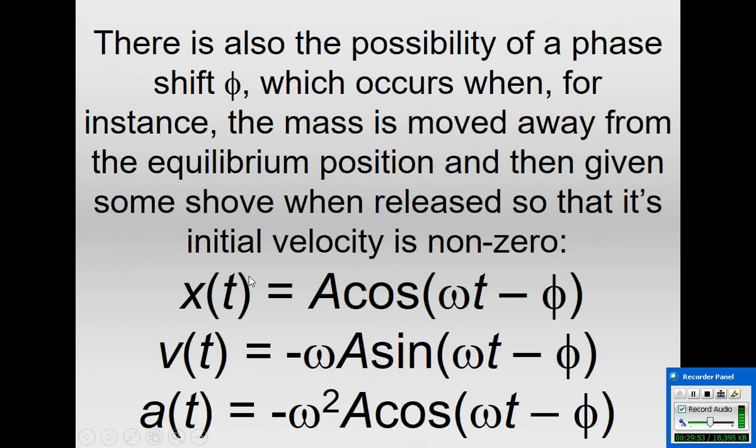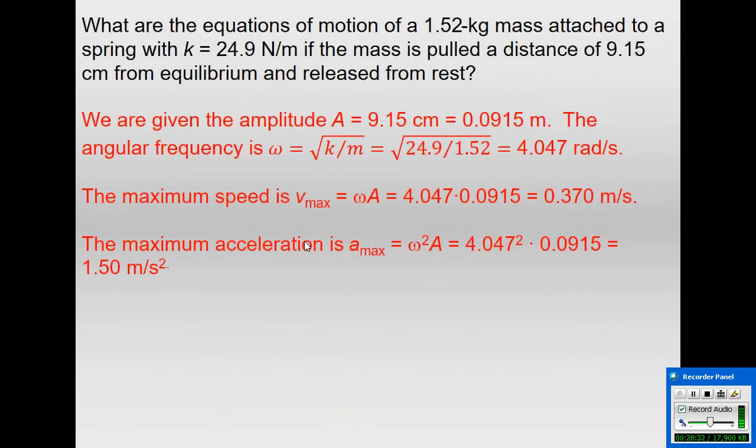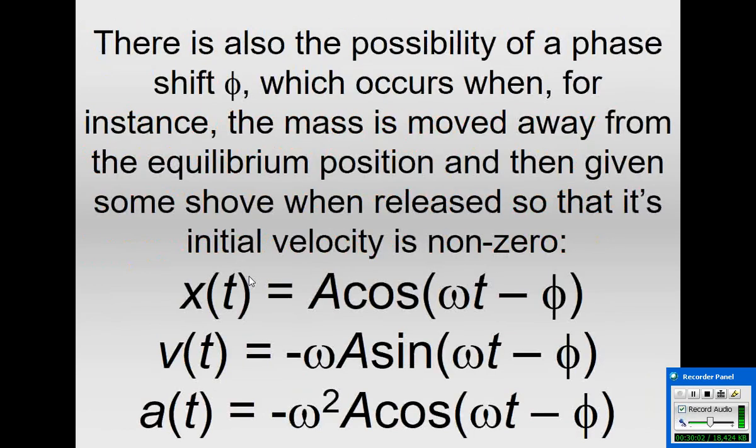If the object isn't released from rest, then if I wanted to account for that in my equations, I would need to introduce a quantity called the phase shift. And the equations become a little bit more of a pain to figure out. And by a little bit, I mean a lot of little bit. And I want you to be aware that we are capable of doing this.